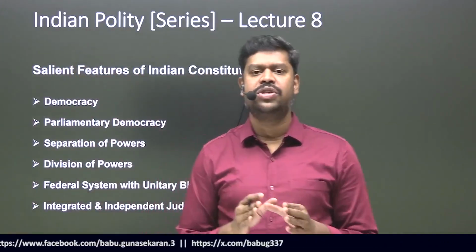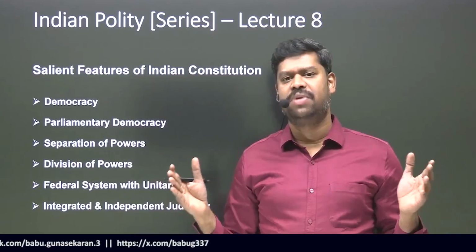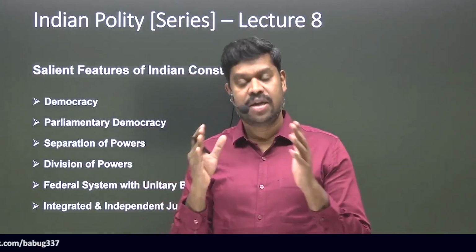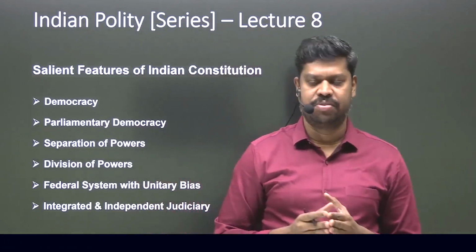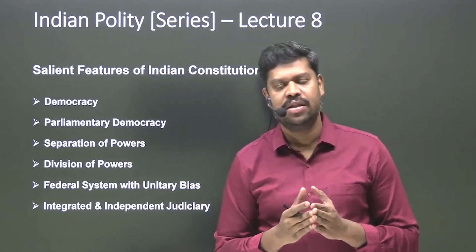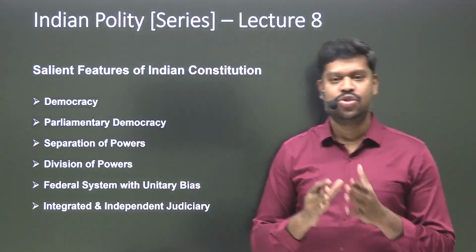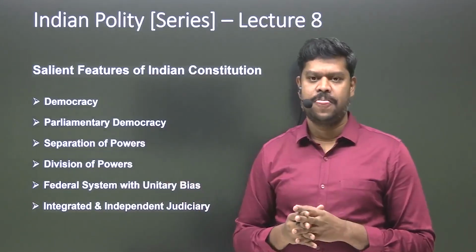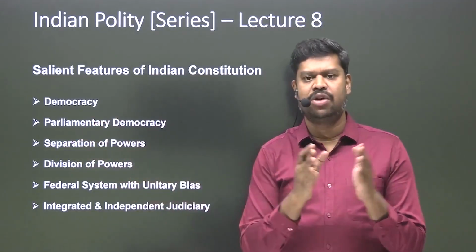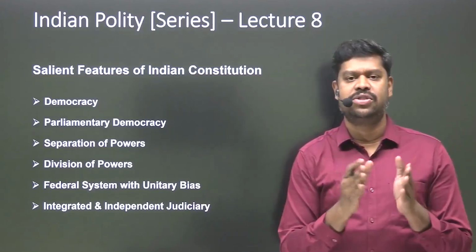So now the question is, is there clear separation of powers between all the three organs? Although the constitution recognizes the principle of separation of powers, we should also accept that in the Indian constitution, there is no clear separation of powers. While the judiciary is separate, there is some element of overlap between the legislature and the executive.